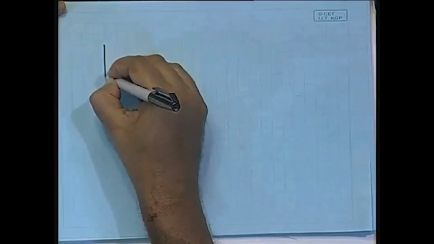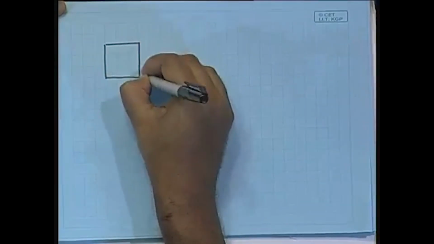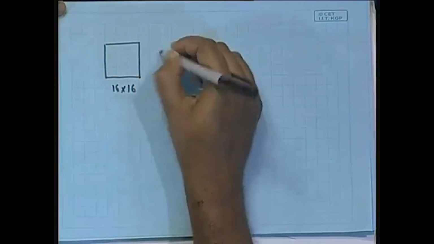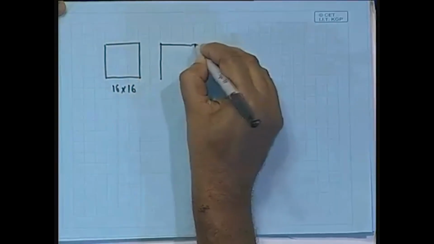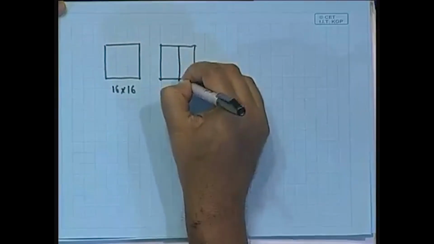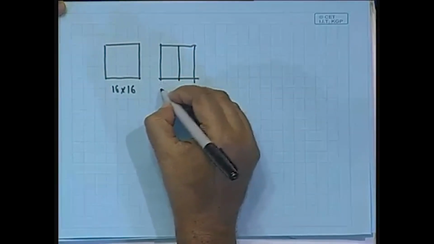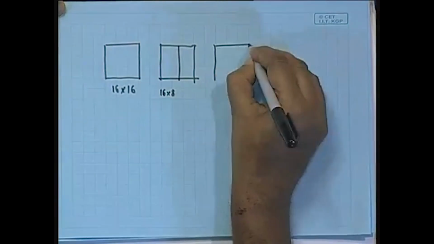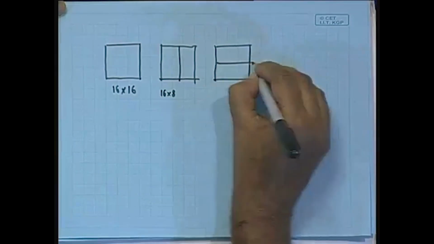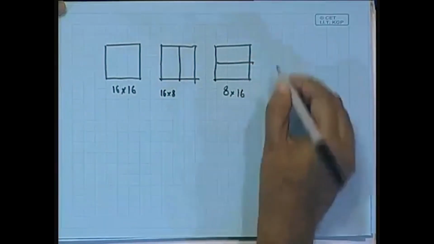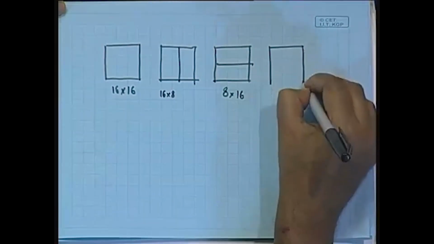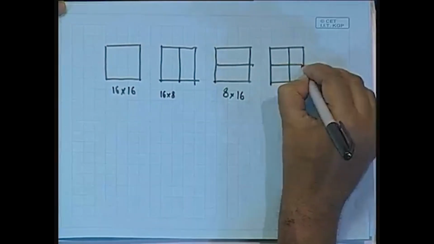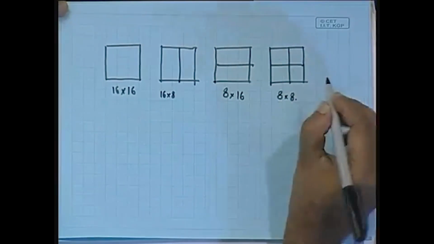So, 16 by 16 can be partitioned in 4 different ways. If this is the 16 by 16 block size, then it is possible to have a vertical partitioning, which we call 2 16 by 8, then we can have 8 by 16 by having horizontal partitioning. One can have 4 8 by 8 partitions.